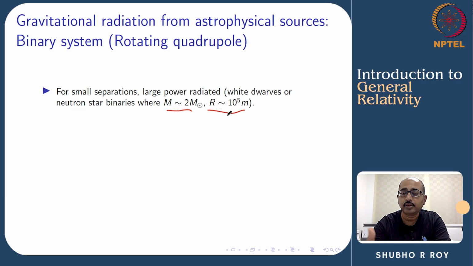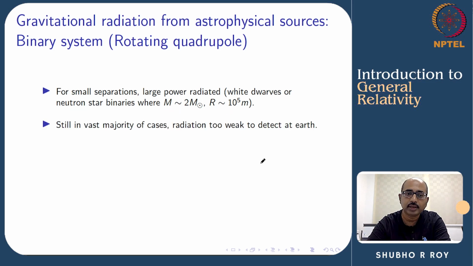In these cases, the power radiated would be large, but still, for the vast majority of cases, the radiation will be too weak to detect on Earth. Remember, Earth is very far from these, and for the vast majority of cases, these are very difficult to detect. In fact, the radiation is far too weak. However, this was the status quo some decades back. Now, of course, we have excellent interferometers, such as LIGO, in which even this weak radiation can be detected.